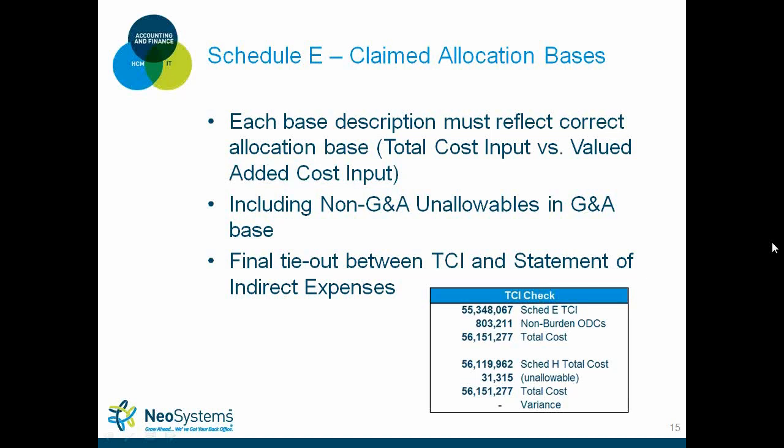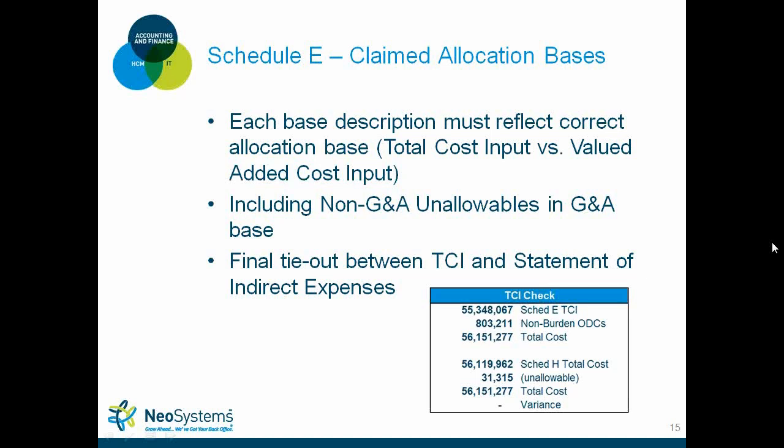I talked about it in the previous slide about including non-G&A unallowables in the G&A base. Make sure you're doing that. Don't miss the beat on that, because they will pick that up, and ensure that you are excluding G&A unallowables from that. In a final tie-out, this is something that we do for customers and recommend all the time, which is having a final tie-out between Schedule E, as you can see in the screenshot right below.